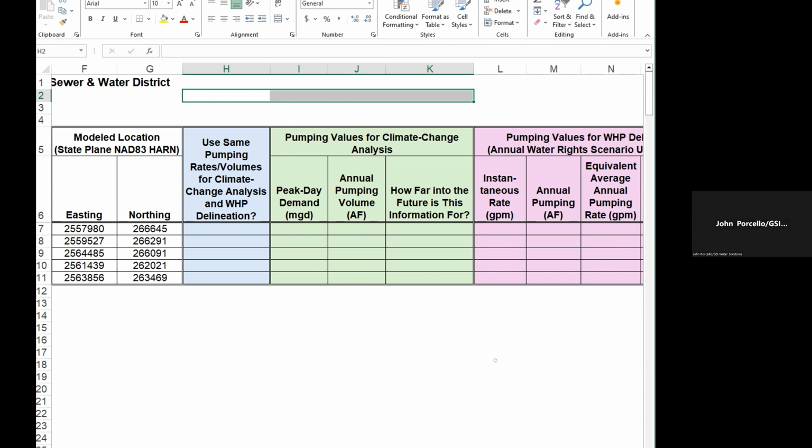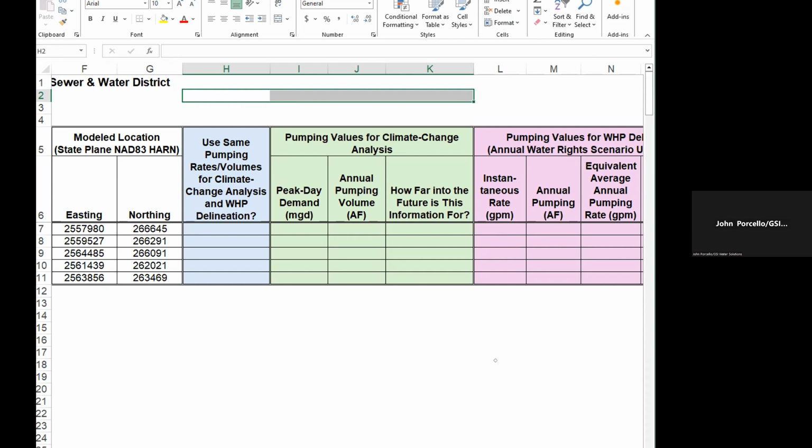The whole idea behind this analysis is that you'll have a good operating record, I'm sure, at each well of where your water levels are when the well's off and when the well's pumping. What the climate change analysis is going to do is give you an idea of how much change could occur in the future water level.